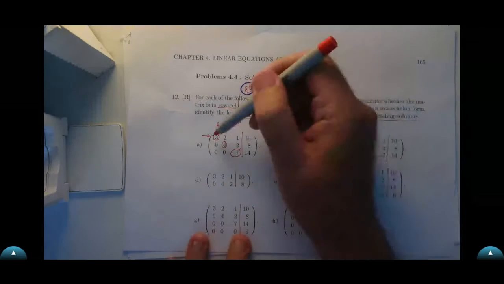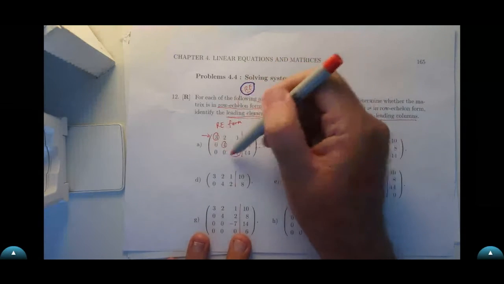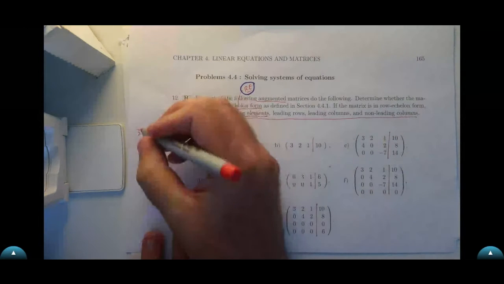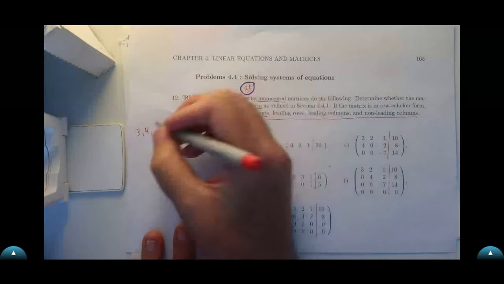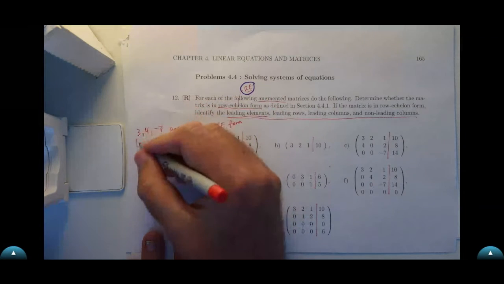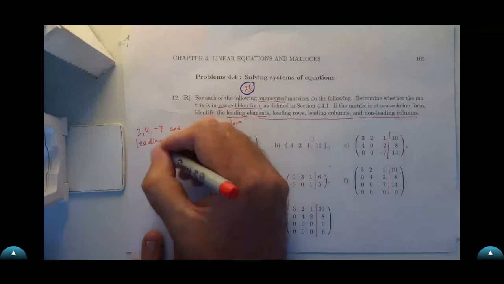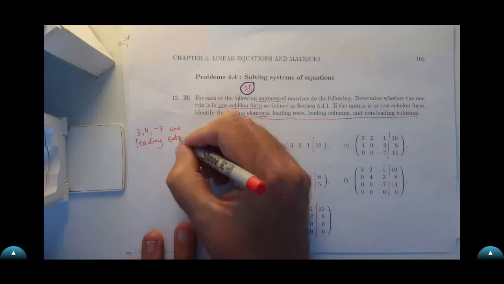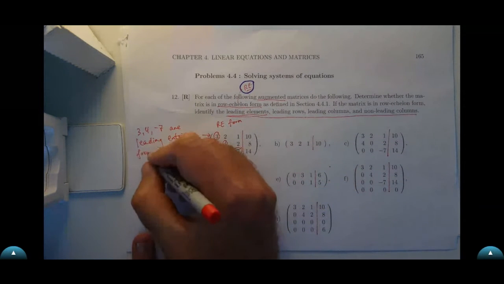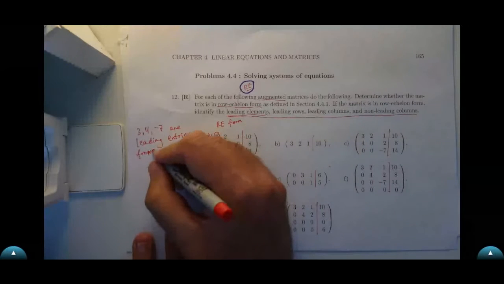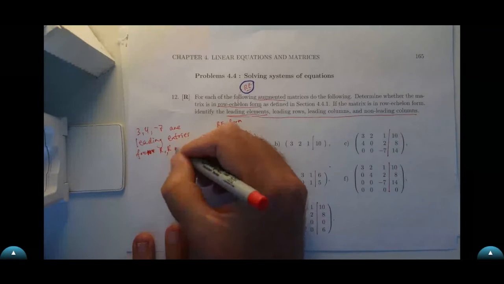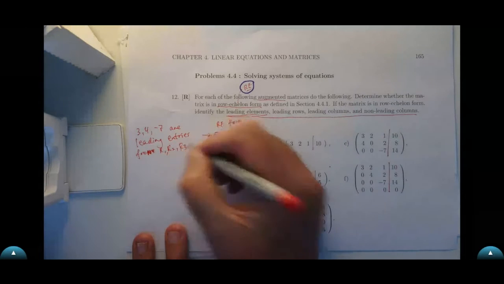So 3, 4, and -7 would be the leading entries from row 1, row 2, row 3.